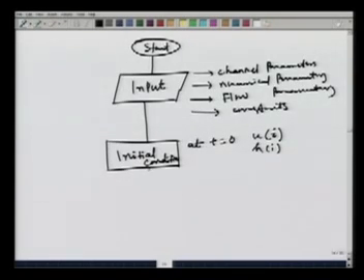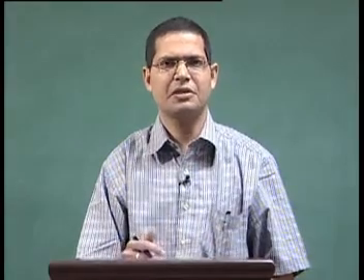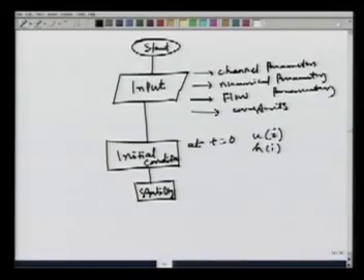Then from this, you have to find out what your delta t is. I will write here stability. I have not explained what the stability criterion is. I will explain after this, because it would be a break in the continuity. First let us complete this flow chart and then we will discuss stability.